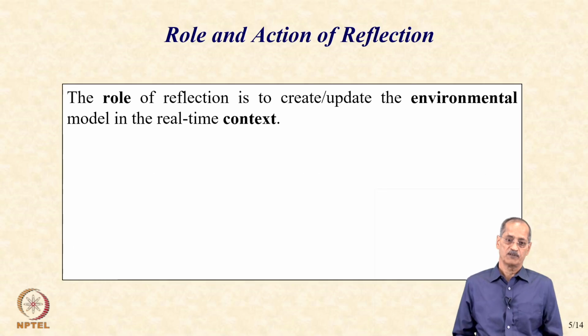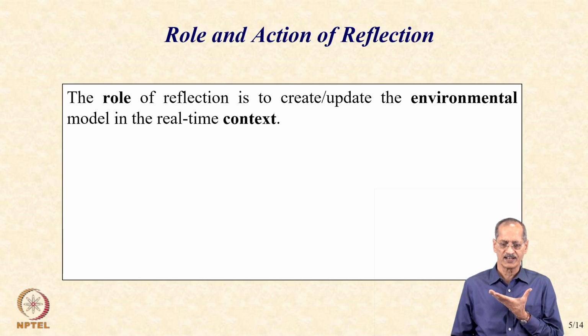Next, let us look at reflection. Of course, we also understand reflection from our human perspective as something that we are thinking about. It is a similar kind of interpretation even in the context of an autonomous system that we are interested in creating. The idea is to create or update an environment model in the real time context.